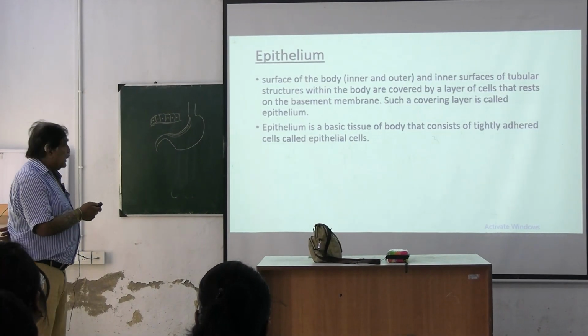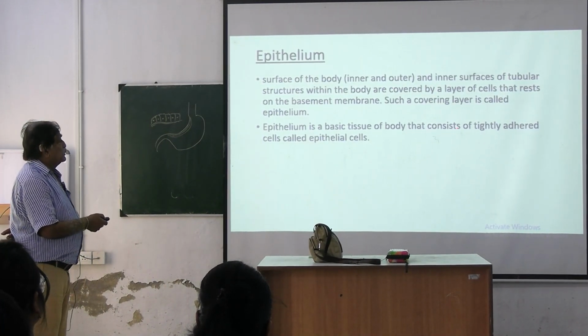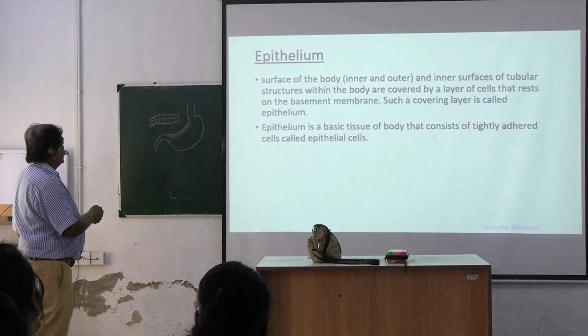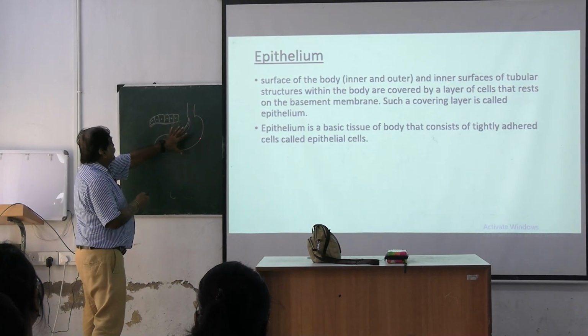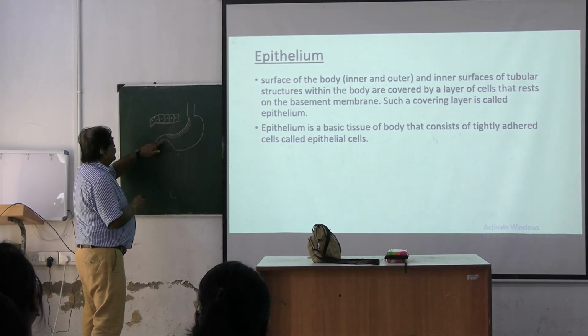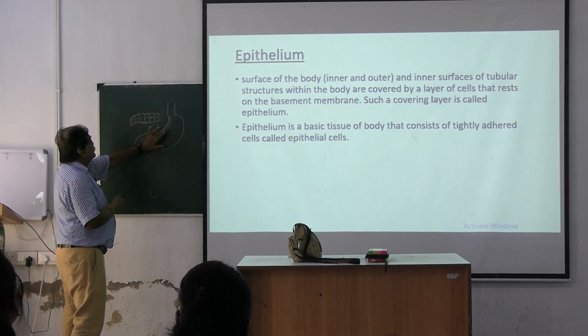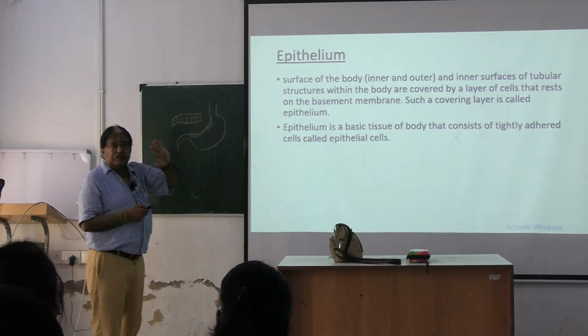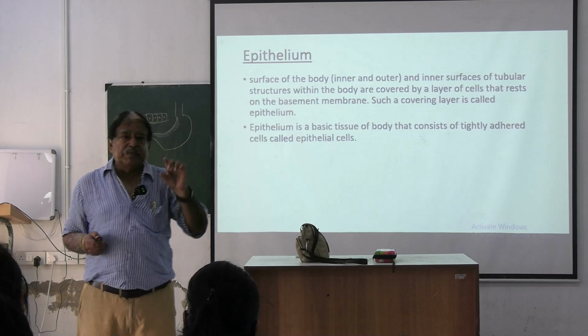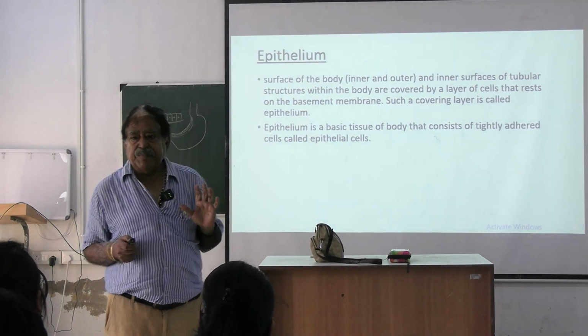Now, epithelium is the basic tissue of the body and consists of tightly adhered cells called epithelial cells. Yesterday I drew this: this is the stomach, and the muscular layer of the stomach is there. It is covered by epithelium, gastric epithelium. In different areas, different cells are there.